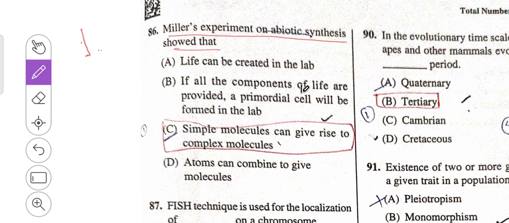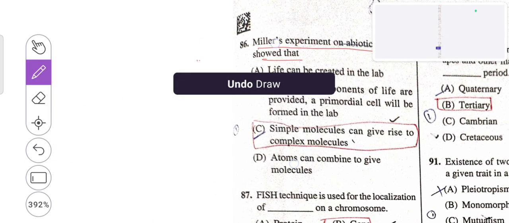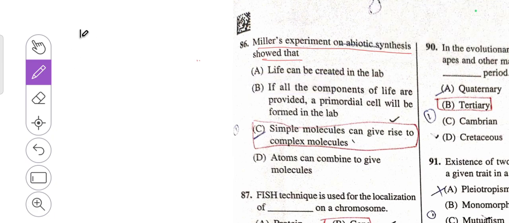So somewhat in this manner, I will show the diagram here. So he made a setup.